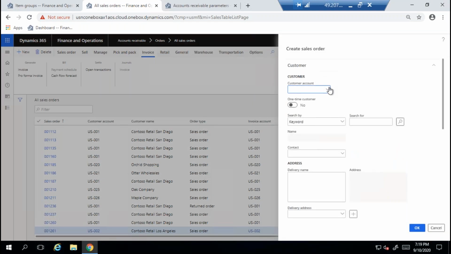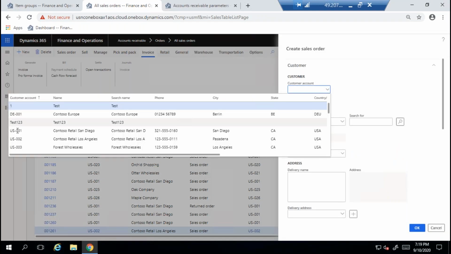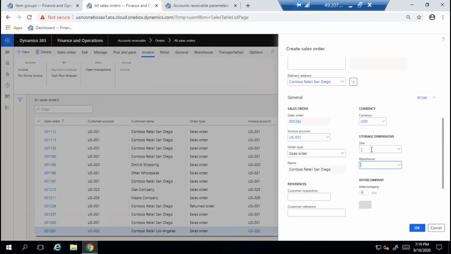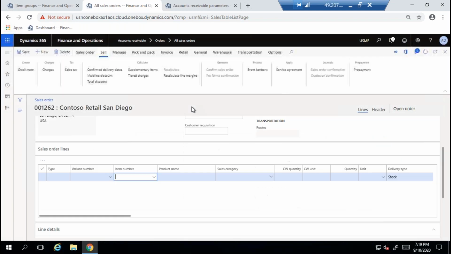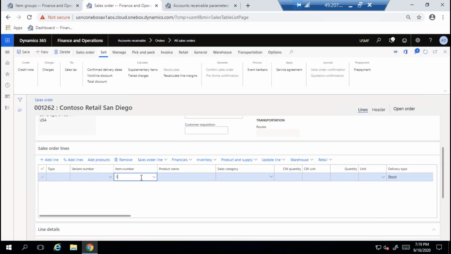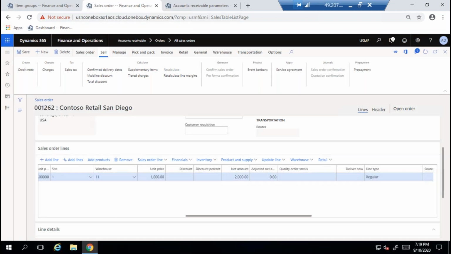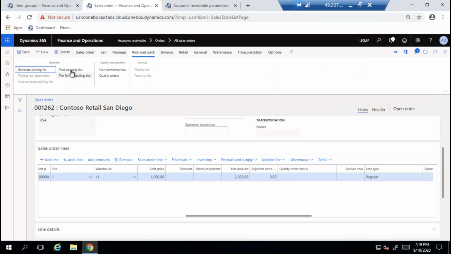So I'm selecting the customer, 111. Selecting item 1000. Suppose 2 quantity at the rate of 1000. Okay, now I'm doing packing slip, post packing slip.